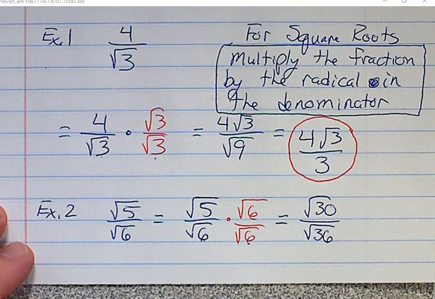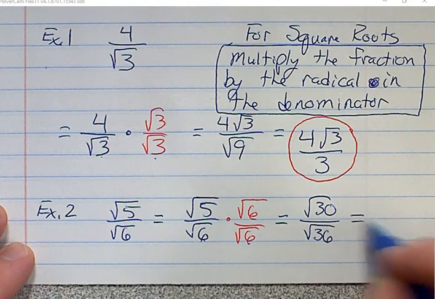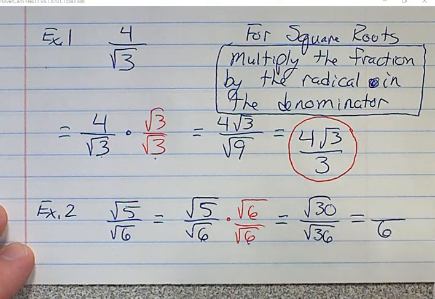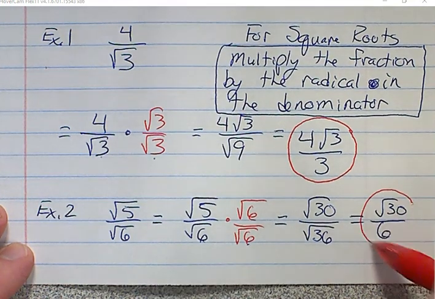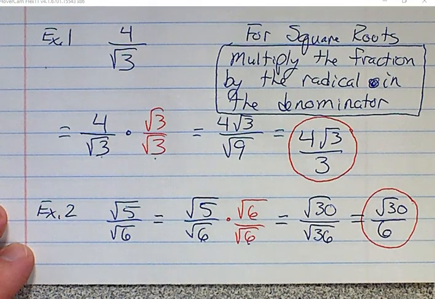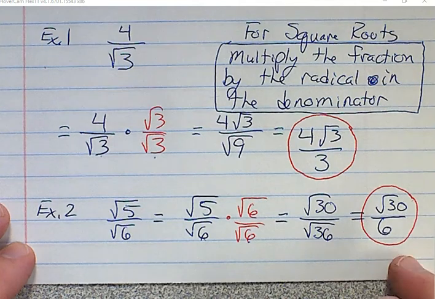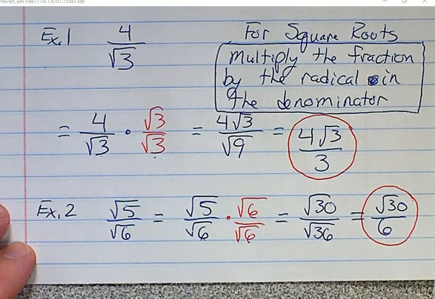But every single time when you do this, that bottom number should now be a perfect square. If you take the square root of 36, that's just 6. And you've got square root of 30 over 6. Now somebody's probably thinking, but hey, you can take 30 and break it down. Yes, you can. But if we did take 30 and break it down, we'll do that on a scrap piece of paper here real quick.